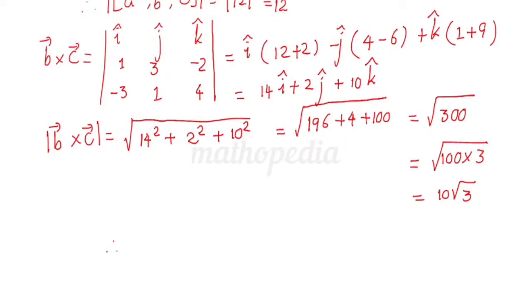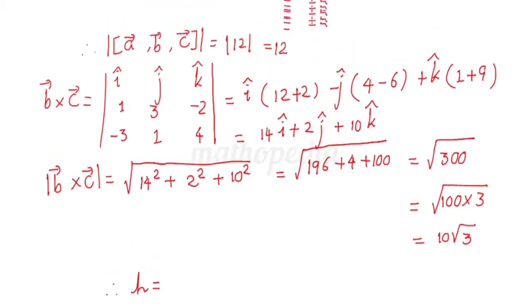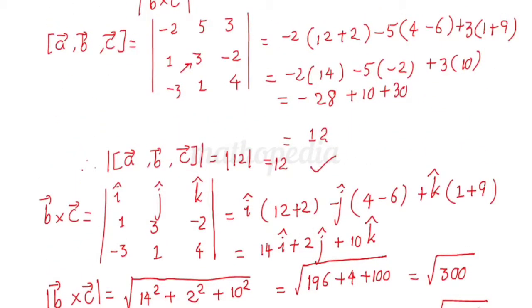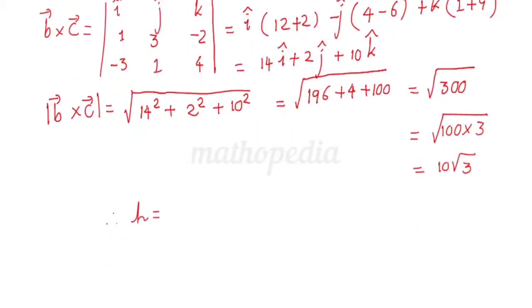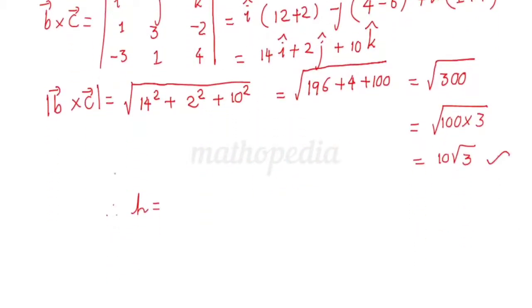Therefore, height h is equal to volume divided by base area. So the volume of the parallelepiped we got is 12 and the base area we got is 10 root 3. So h is equal to 12 divided by 10 root 3.